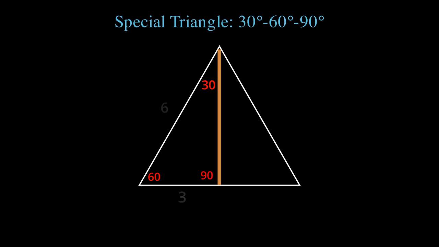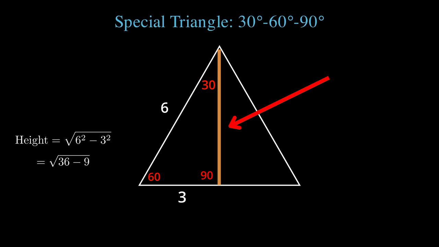And as you can see, we are now left with 3 angles here: 60 degrees, 30 degrees, and 90 degrees. But still, our triangle is incomplete, as we don't have this value, so let's fix that. To get this side, we do the square root of 6 squared minus 3 squared, which is equal to 3 root 3.